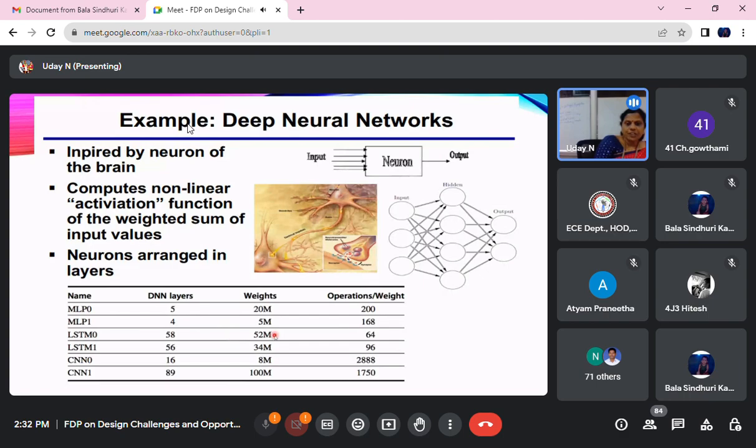See the computational complexity. For LSTM0, you have 58 hidden layers and 52 million weights distributed around these 58 layers, and the number of operations per weight is 64. So 52 million into 64 is the total number of operations. This is the computational complexity of each of these deep neural networks.